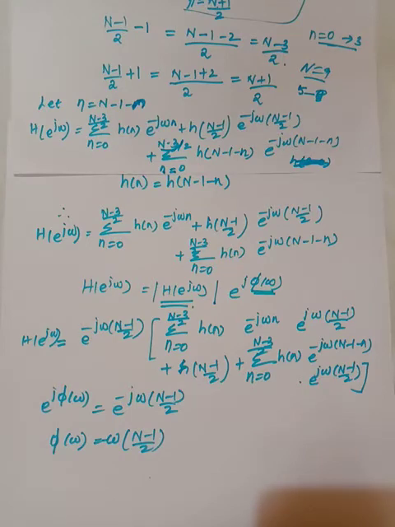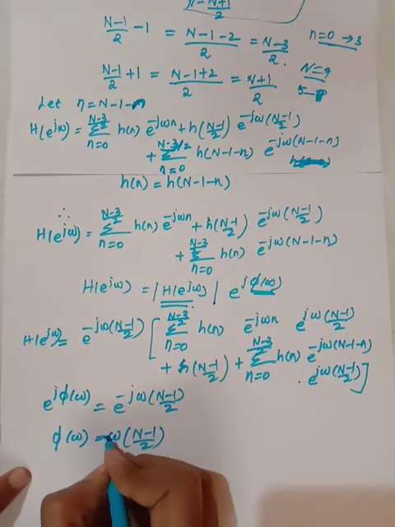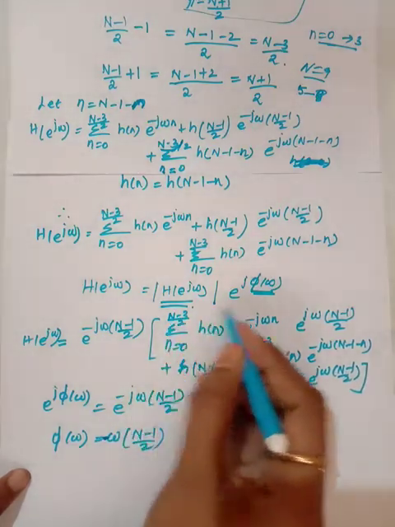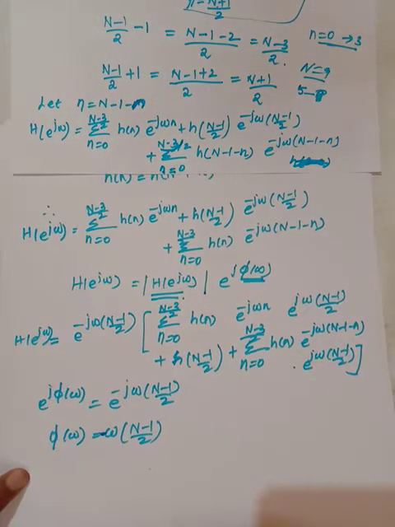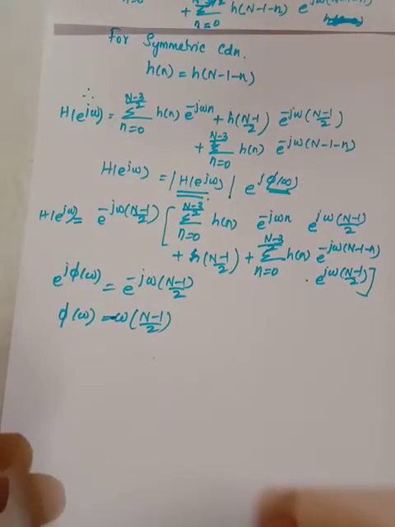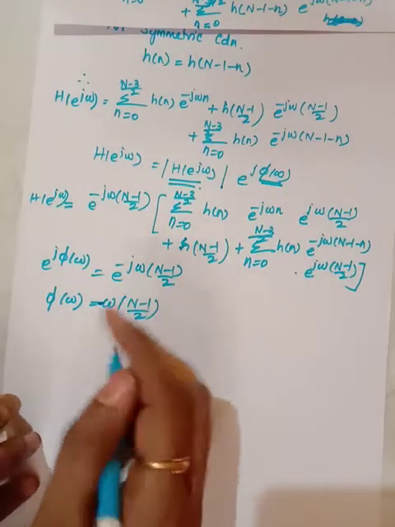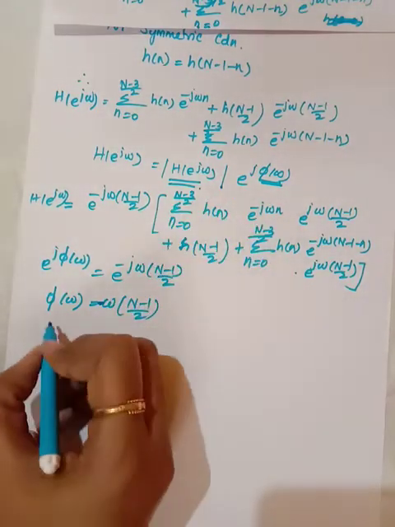Now I need to represent the magnitude response, so I am going to find out the magnitude response. How I will find this magnitude response is, I just need to simplify this equation.